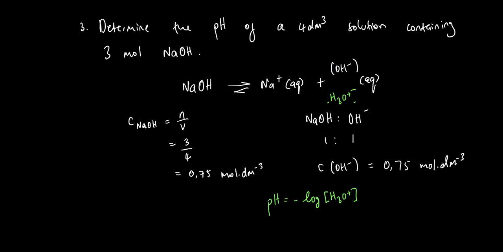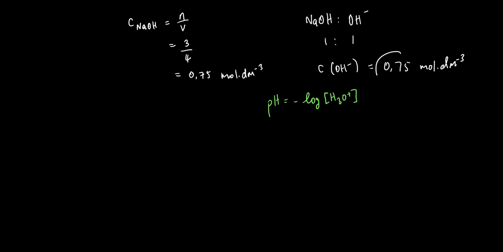So, when we calculate, we can't substitute this here because it's not the same thing. Then we have to use this other formula, which we call the auto-ionization of water, or the Kw constant.